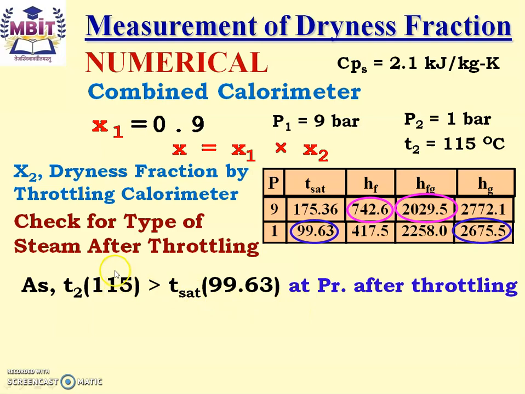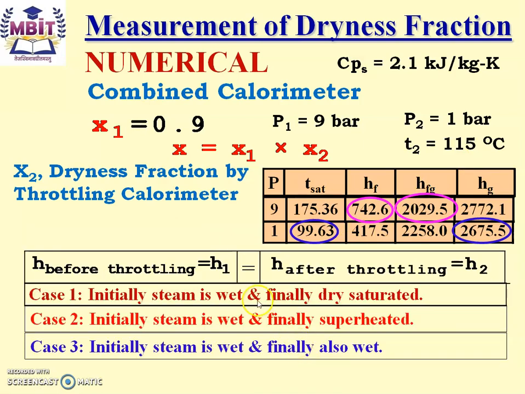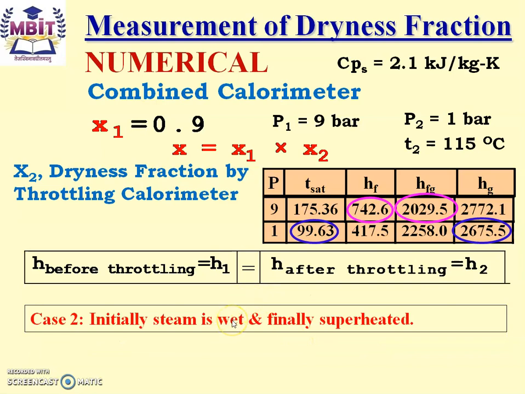It means the temperature of steam measured after throttling is more than the saturation temperature, and due to that it is superheated. So case number 2 is applicable: wet steam is converted into superheated steam, and the given temperature T2 equals T sup, that is 115 degrees Celsius.